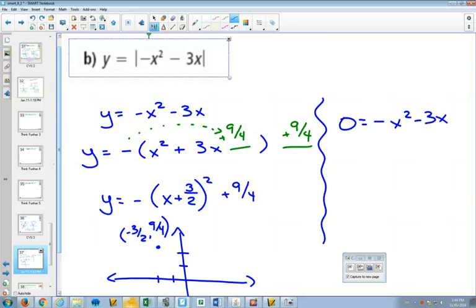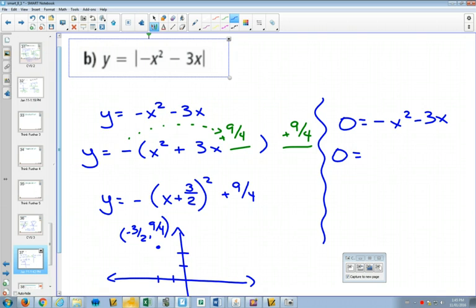How do you solve that equation? How do you solve x squared equations? Make one side equal to 0 and then factor, quadratic formula.